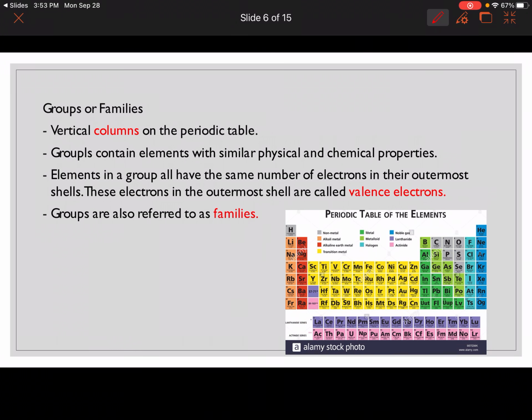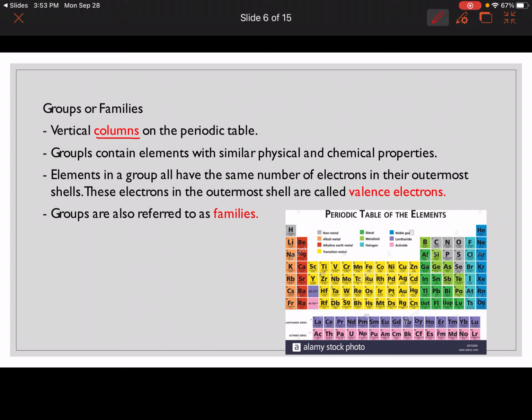Now, groups or families. I preemptively told you about this, unfortunately, but the families or the groups are the vertical columns on the periodic table. So remember, anything in red, that's what you write down in your notes. Groups contain elements with similar physical and chemical properties, and basically everything in one family, or in one column, is going to have the same number of valence electrons.